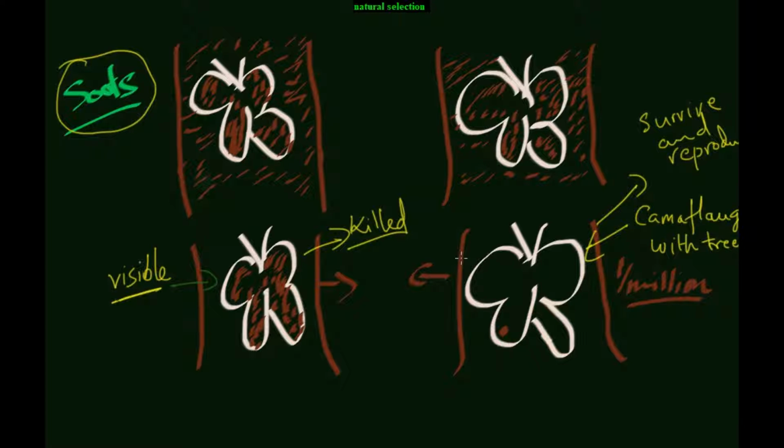But due to mutation, these kinds of moths can survive easily in that blackish environment. Why? Because they have a black surface. Because of mutation, they don't have many brown shades on their skin, they have a blackish surface. So as a result, they can camouflage with what? With the trees. They camouflage with the trees and they survive. Because of survival, they will reproduce and increase their generation.